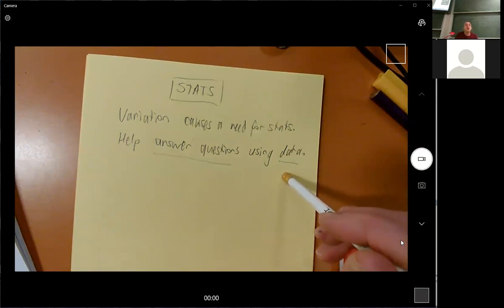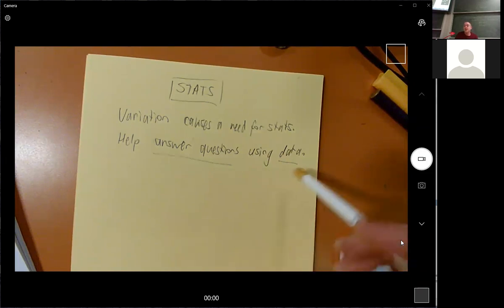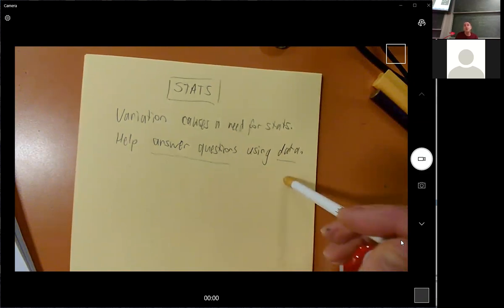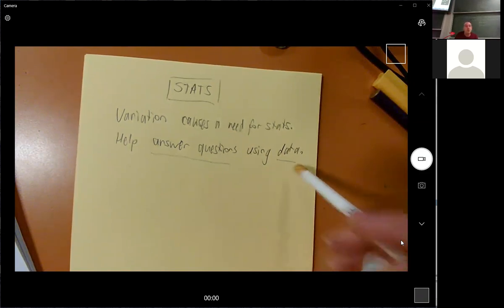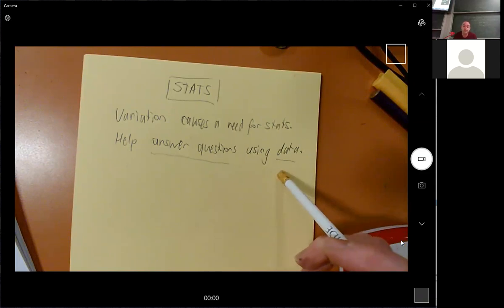If all you have is a list of yeses and nos, you can't calculate an average because they're just words. But you can calculate a percentage of how many yeses there are, or if you like, proportion, which is what your lecturer calls it in stats. But if you've got numbers, you can average them. And so you can do more things with data that is numbers than data that is words.